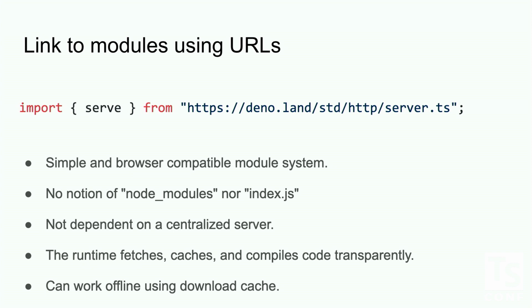And by doing this, it makes your imports maybe a bit more verbose, but with the benefit that now it's completely distributed, right? You can serve up your code from any URL. And the module resolution scheme in Node is just very complicated. There's this node_modules bit, there's index.js.